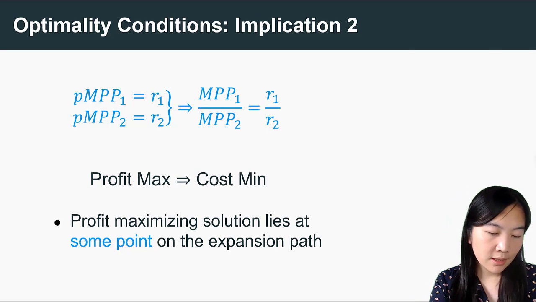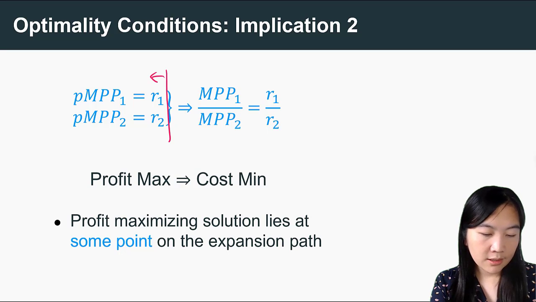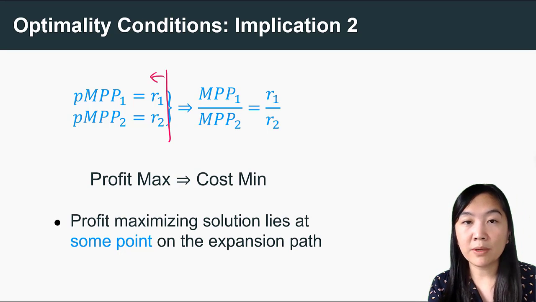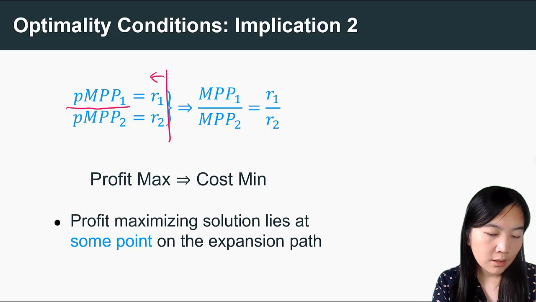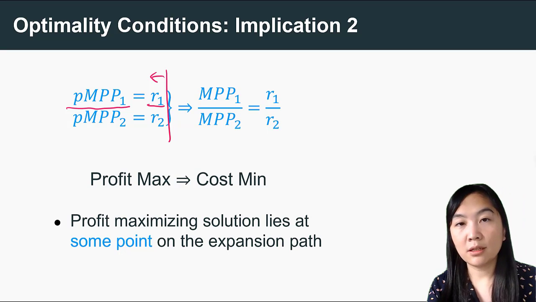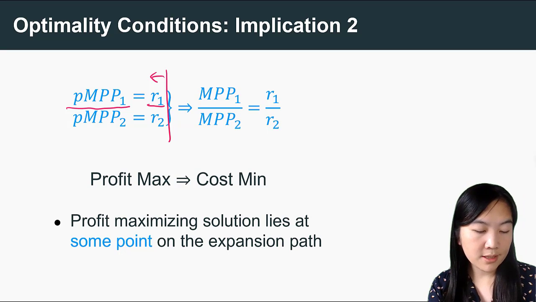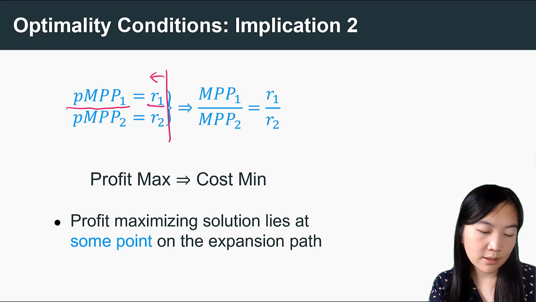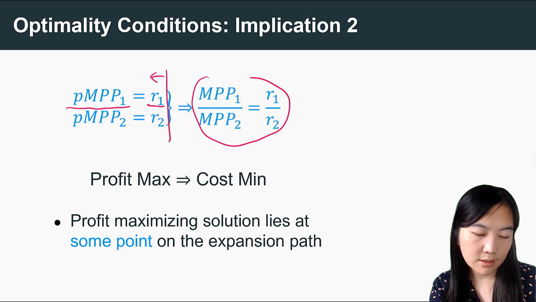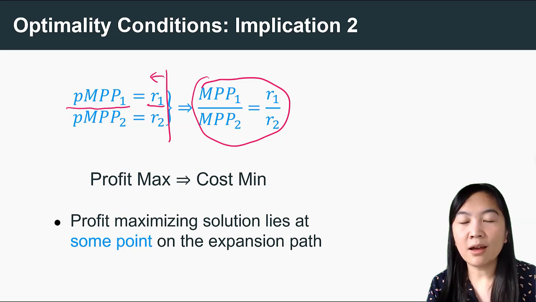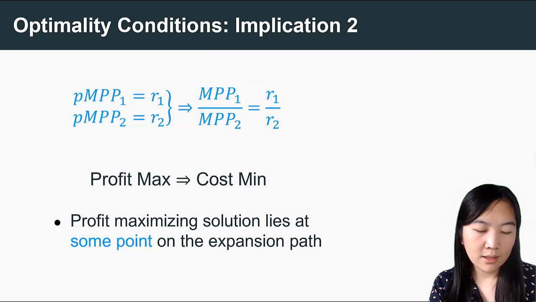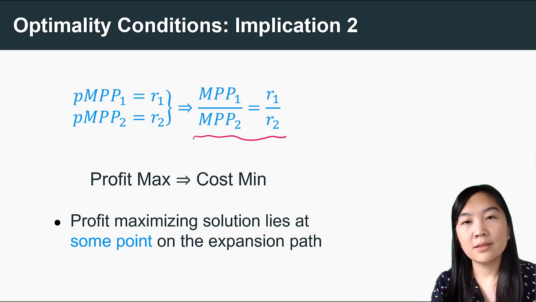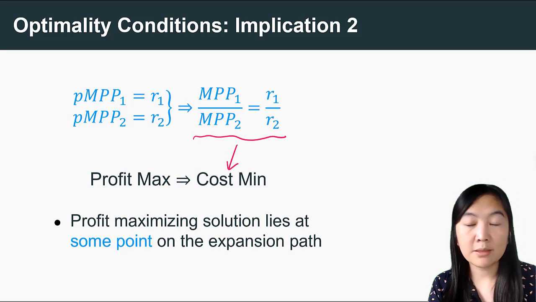So again, on the left is the optimality condition that we derived for profit maximization for 2 inputs. Then if we, again, divide both sides by each other, then we get this condition. And by now, this condition should look very familiar. Why? Because this is the condition for cost minimization.